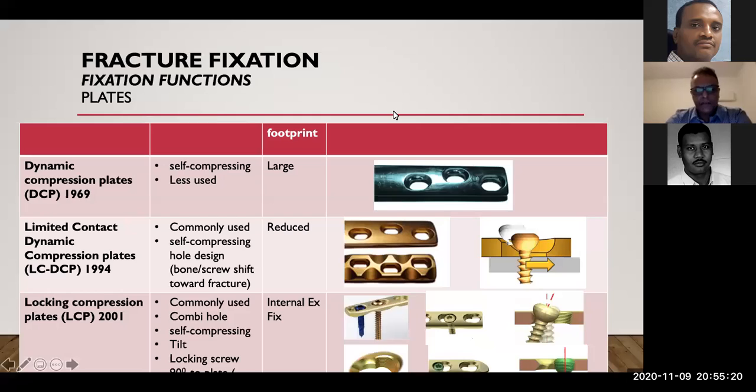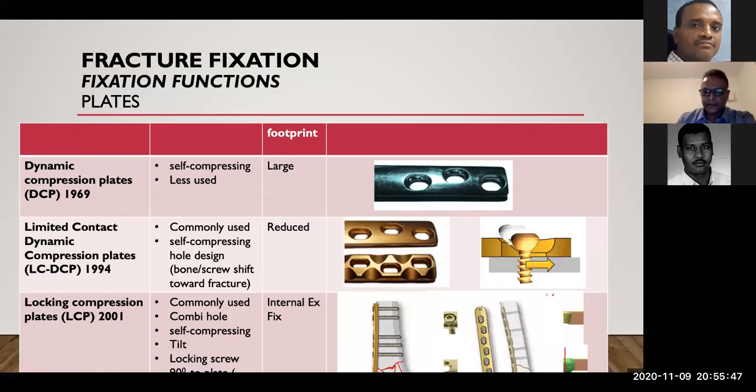Then we have the locking compression plate, or the LCP, and this is very commonly used these days. It has a combi hole, which has two areas, one for the locking screw and the other one for the compression screw, or the cortical screw. The cortical screw can be tilted at different angles on that type of plate.